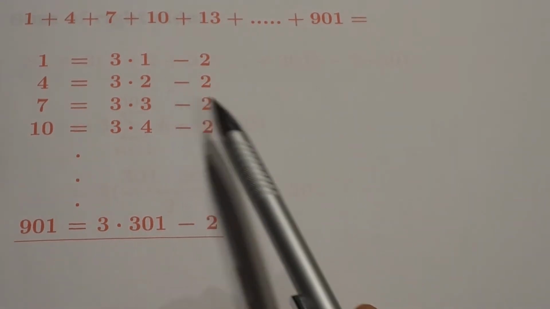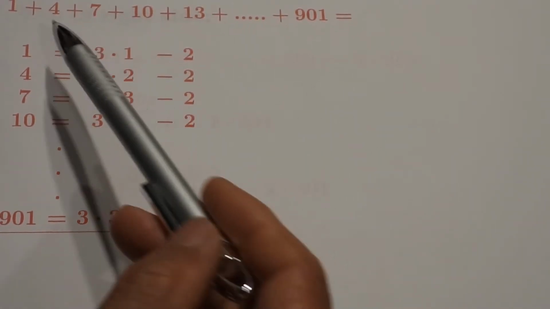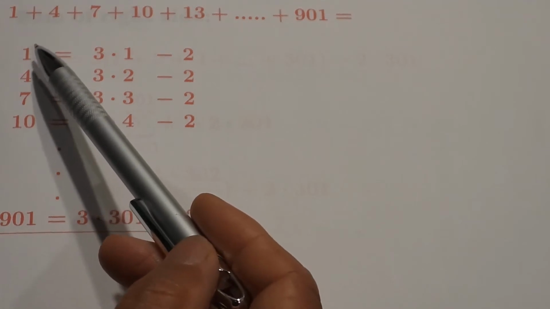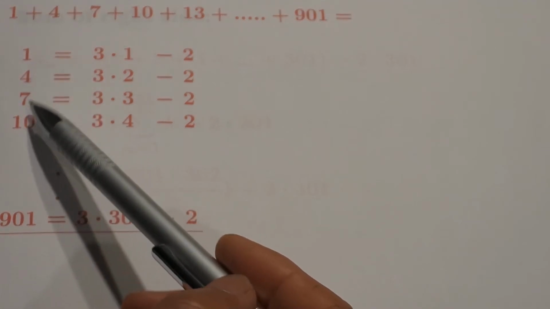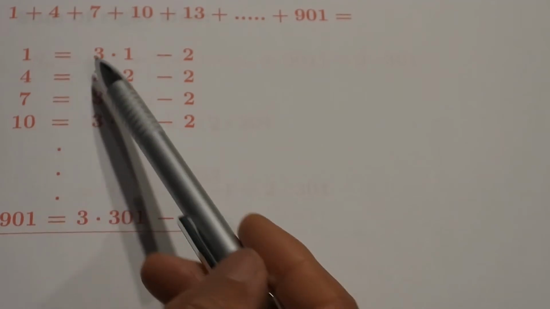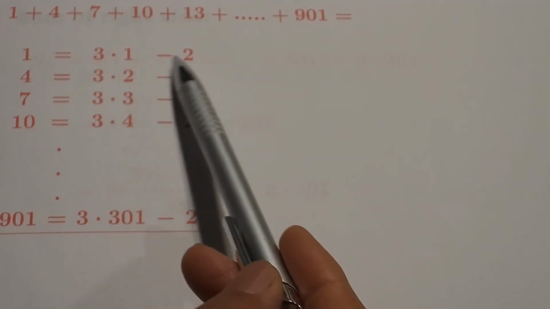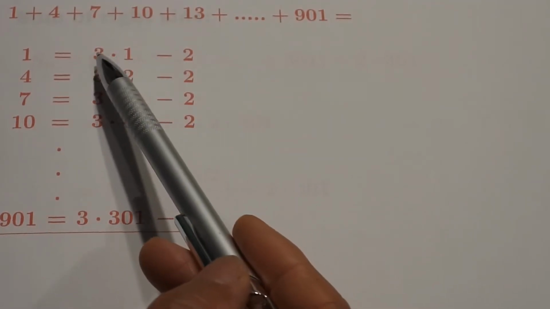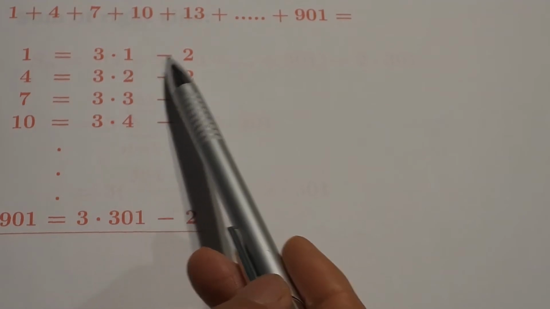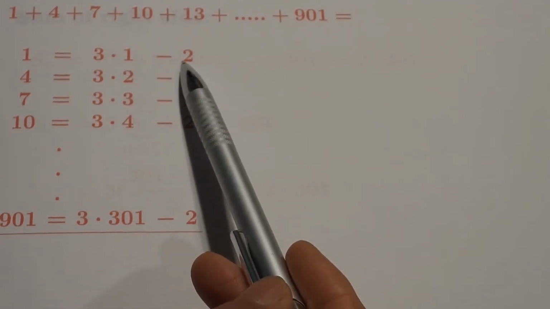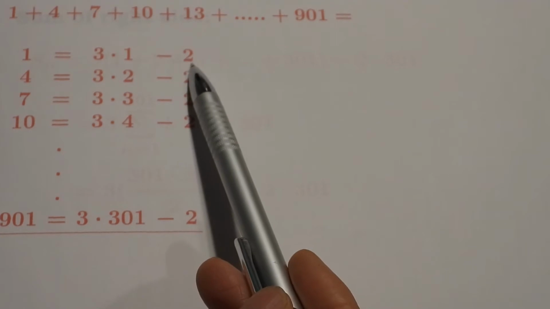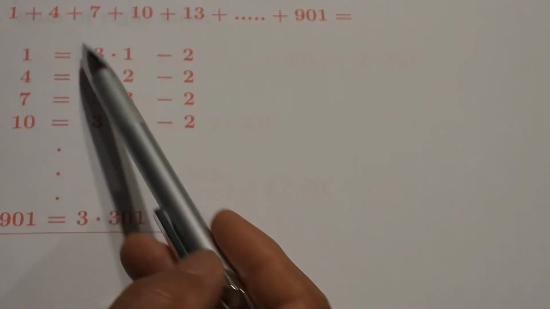Okay? After we look at that, you can see on the left side we write 1 plus 4 plus 7 plus 10 vertically here. And on the right side, using this format, we rewrite. 3 times 1 minus 2 will be 1, the first one.